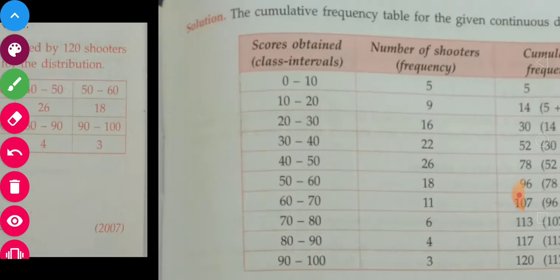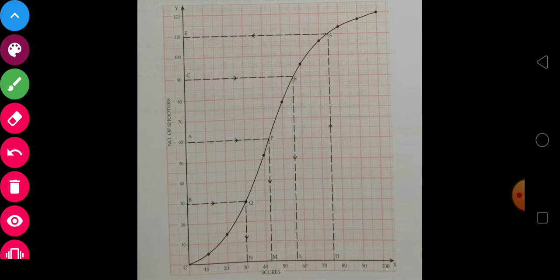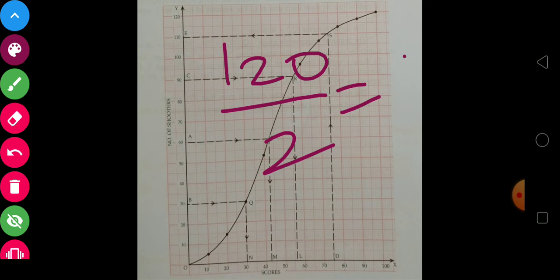Now to calculate the median, while we had drawn that table for the median, we know that for the median it is supposed to be n by 2. Here my n is 120, correct? So 120 by 2 will give me 60.